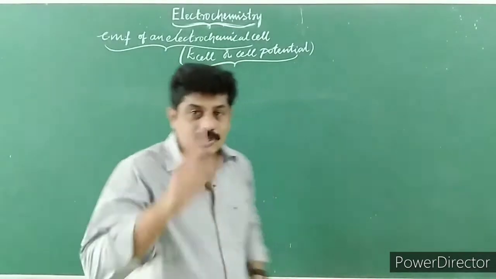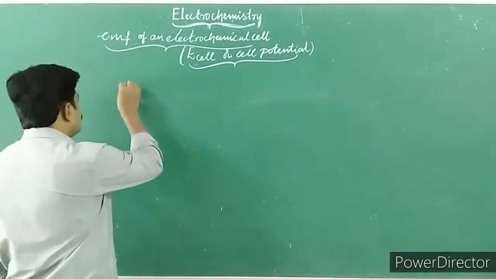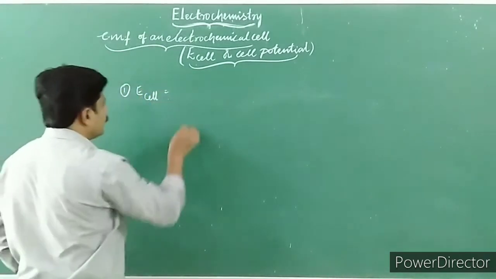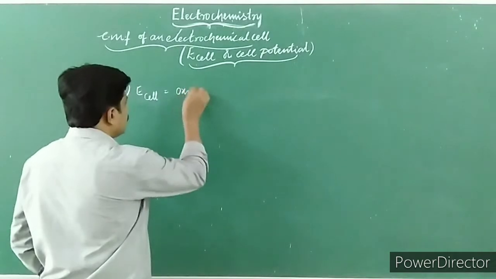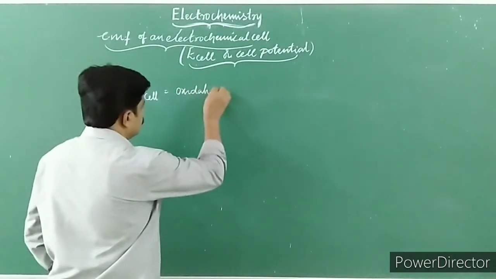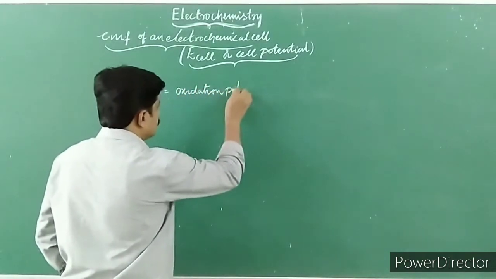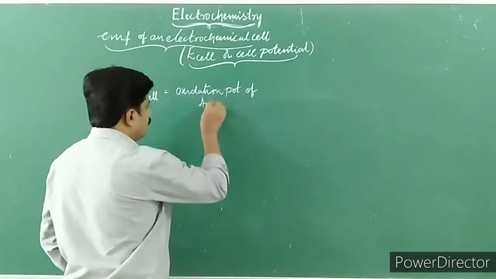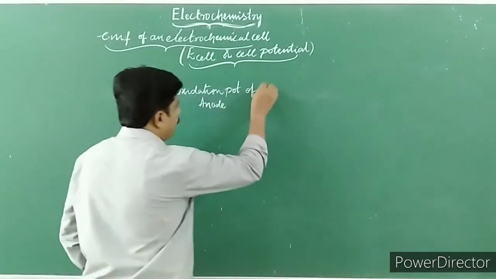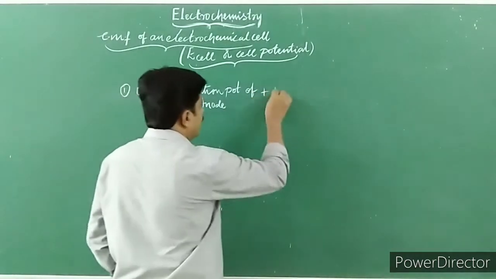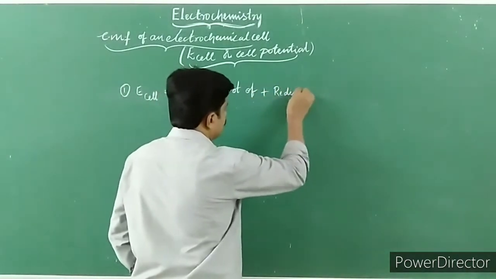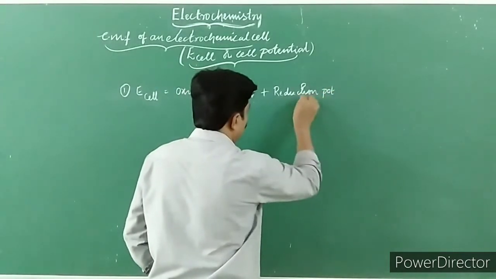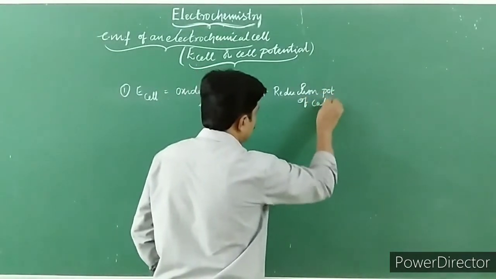Let me write on the board. Number one, look here: E cell is equal to oxidation potential of anode plus reduction potential of cathode.